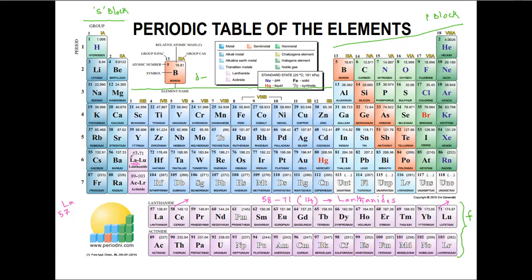Okay, lanthanum is a D block element, but from 58 to 71, the 14 elements after lanthanum are called F block elements. I'll tell you why these are called S and P block, or of course D block, or of course F block later. We are going for all the things one by one.